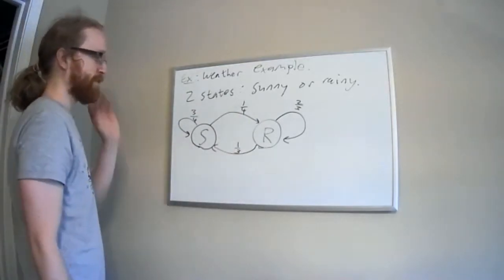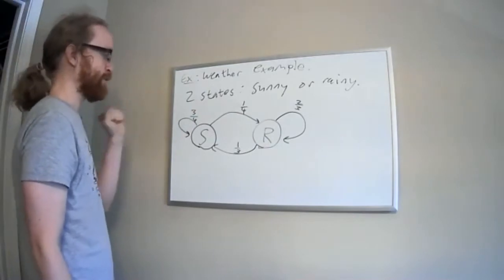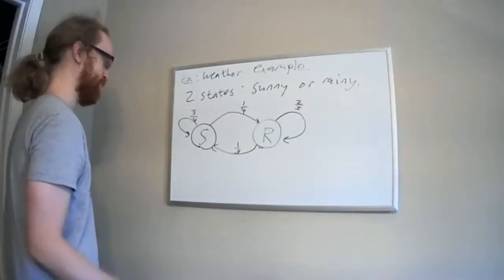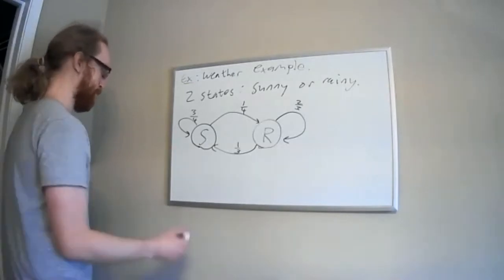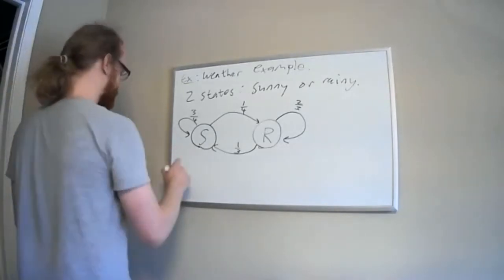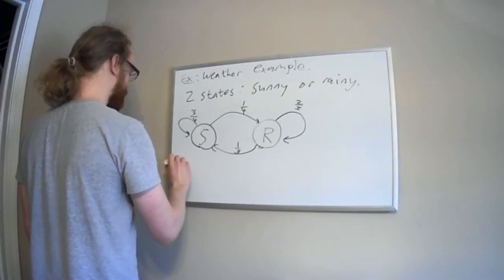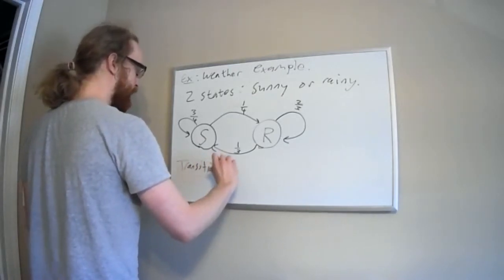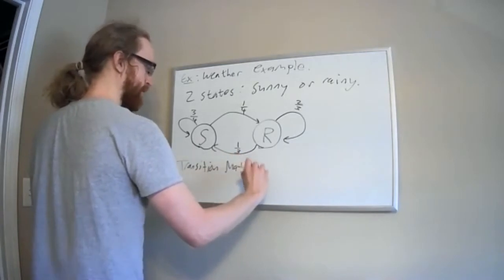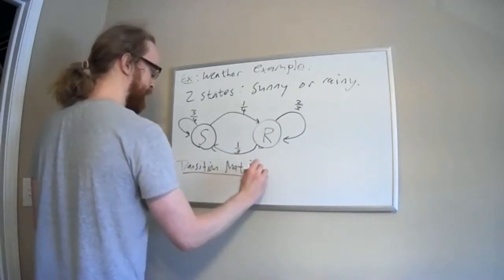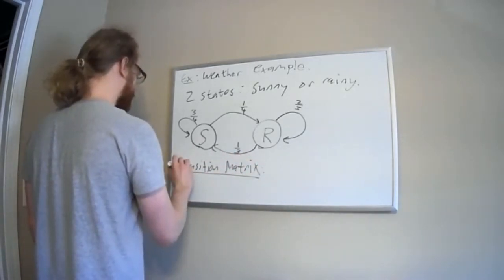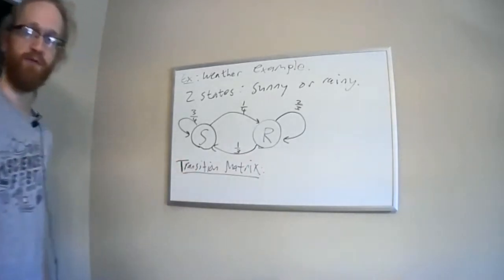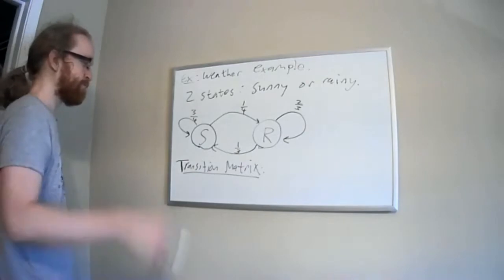And so it would be nice to have, instead of a picture that we draw, a nice mathematical object to encode all of this information into. That would be really helpful. And it turns out we do have such a thing, and it shouldn't really be a surprise that it's going to be a matrix. I warned you guys yesterday that this topic combines probability and matrices, and this is our first hint of matrices, the transition matrix.